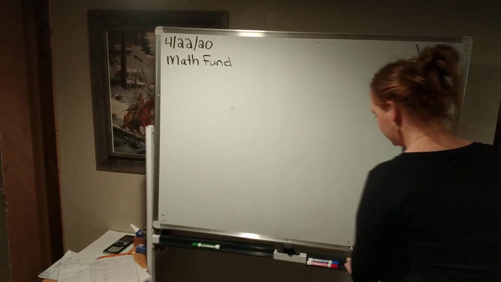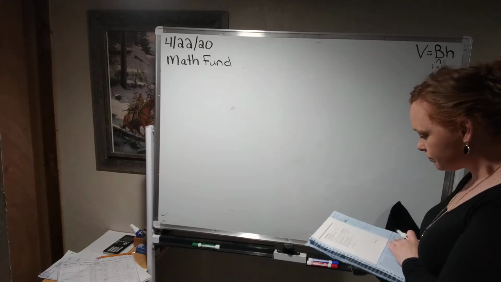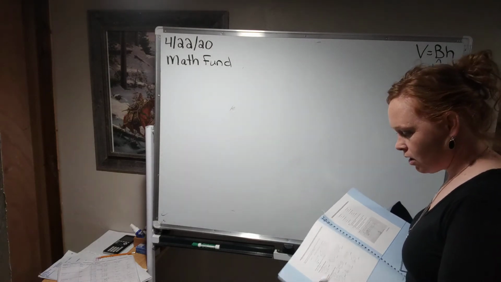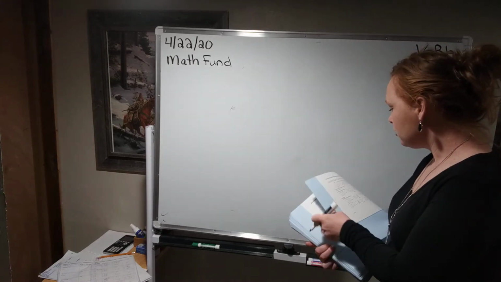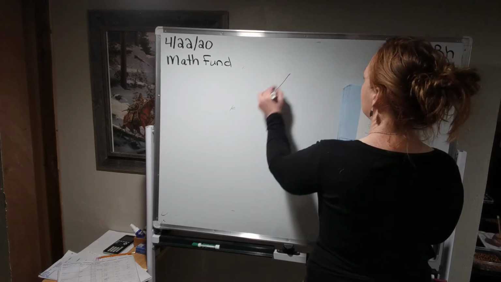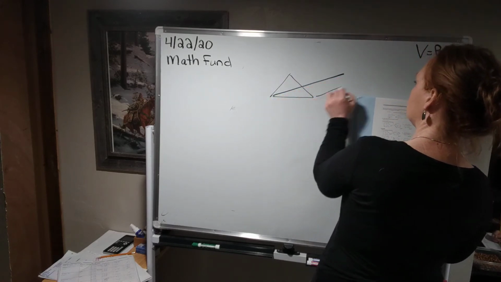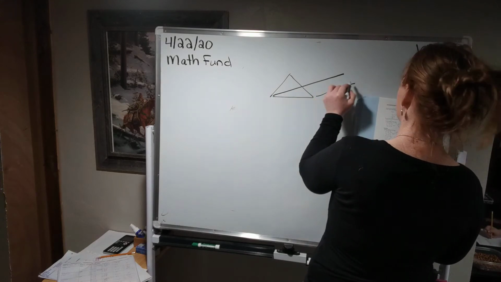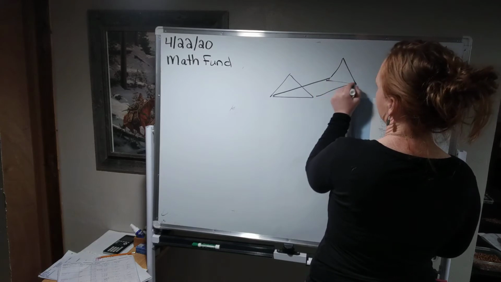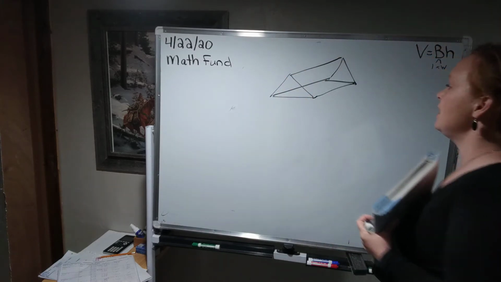So let's do a couple of examples of finding the volume of some prisms. Let's look on page 392, and they give us this shape.